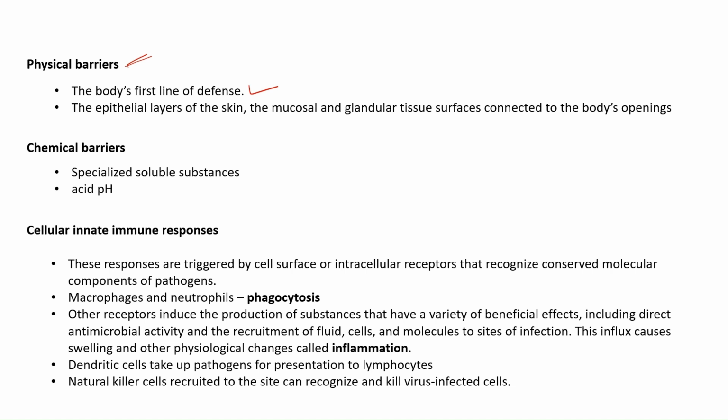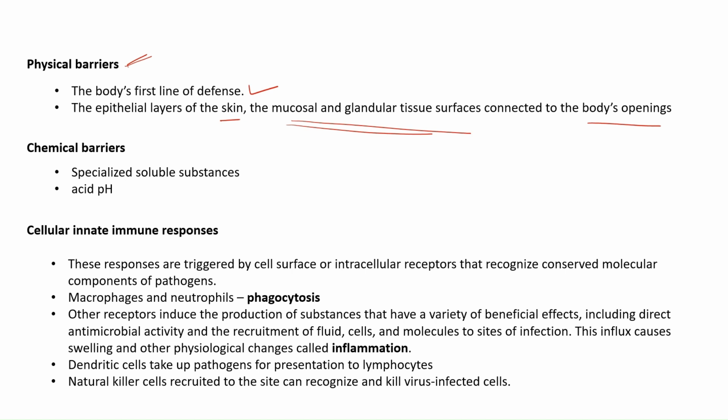Apart from skin, we have multiple openings in our body like ears, nose, mouth, vagina. These openings are connected to what we call mucosal or glandular tissues. So our skin, mucosal as well as the glandular tissues, are the first line of defense that helps to protect our body from the outside.